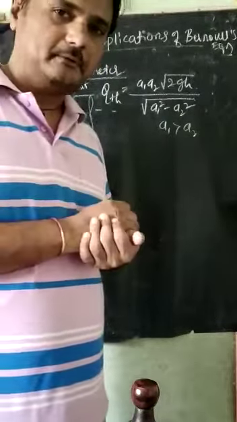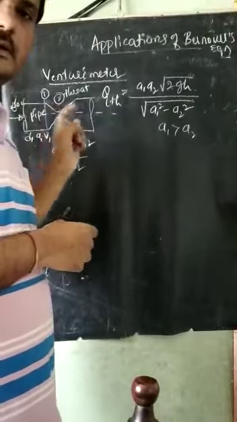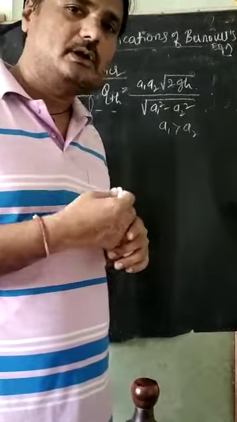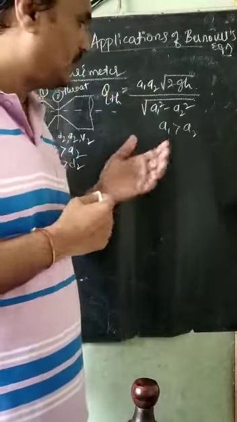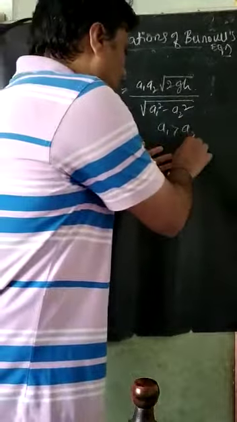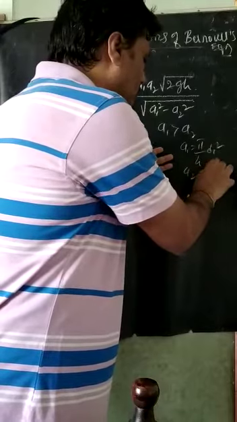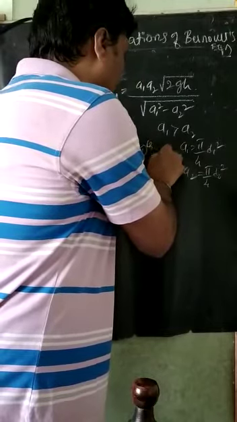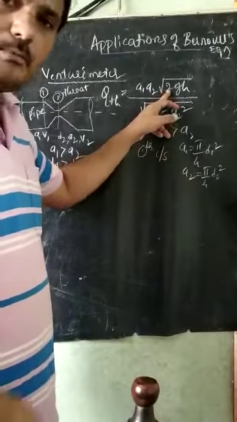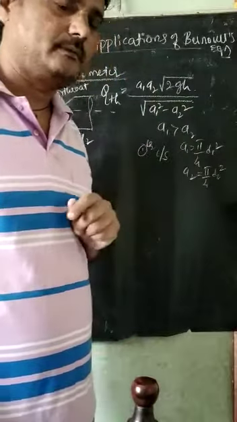If we know the diameters d1 at the pipe and d2 at the throat, and if the pipe is circular, then a1 is equal to pi by 4 into d1 square and a2 is equal to pi by 4 into d2 square. If the cross section is circular, we can find it very easily. G is 9.81 meter per second square in SI units.